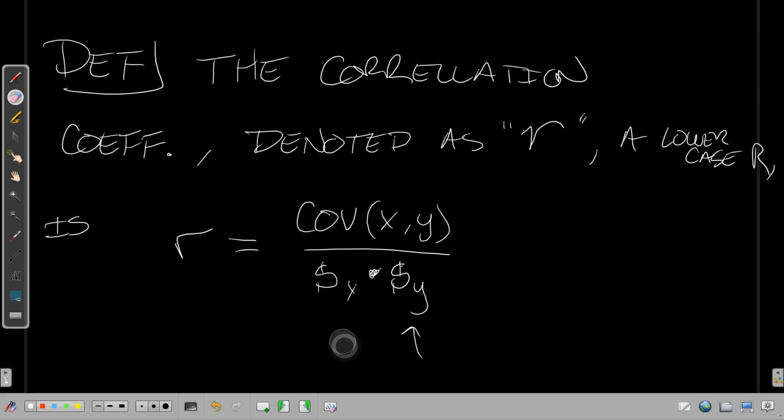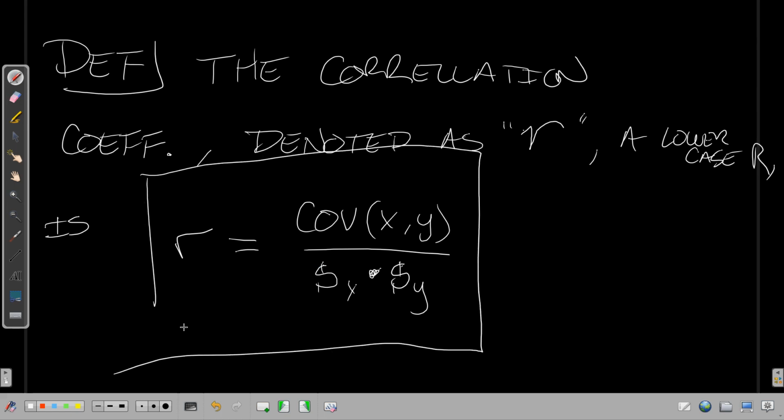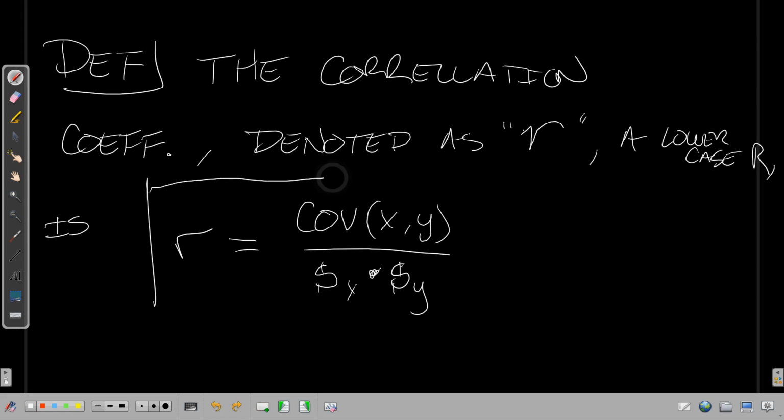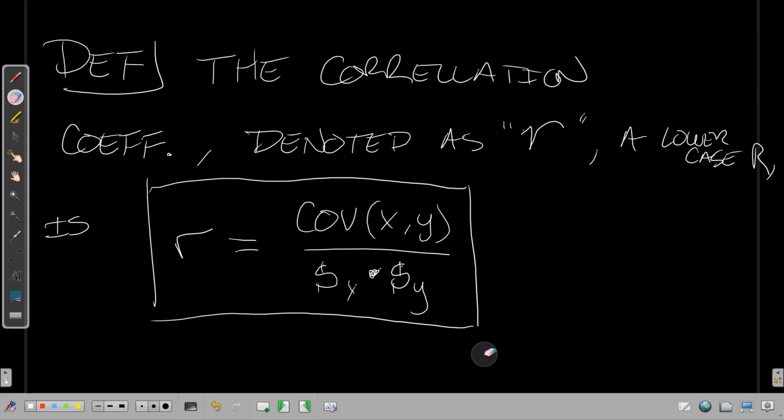You multiply them together. That's the denominator. This is r. This is that number that StatCrunch is computing for us automatically.